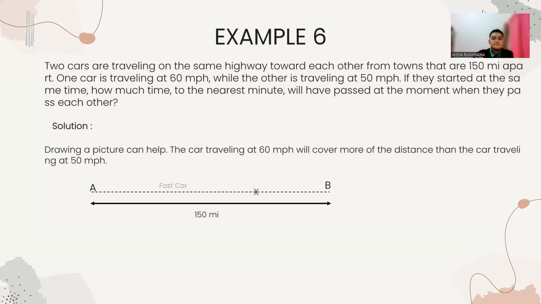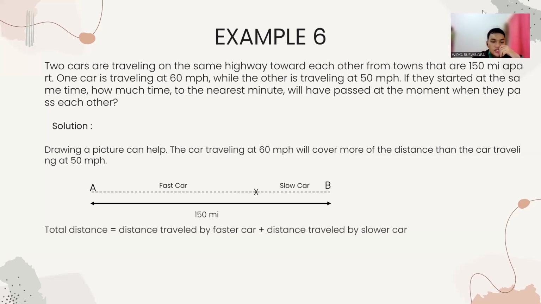From point A to point X is the fast car, and from point B to point X is the slower car. Total distance equals distance traveled by the faster car plus distance traveled by the slower car.